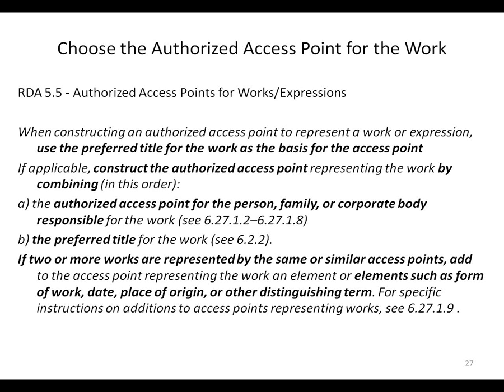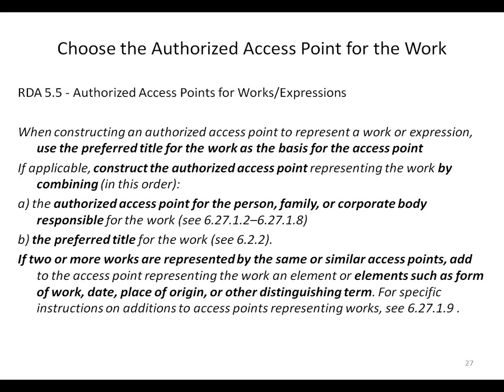Then, if applicable, combine the preferred title with the authorized access point for the person, family, or corporate body responsible for the work, essentially the creator, and the preferred title of the work. Okay, so the authorized access point will essentially consist of the creator plus the preferred title, if there is a creator that is identified, a primary creator that's identified.